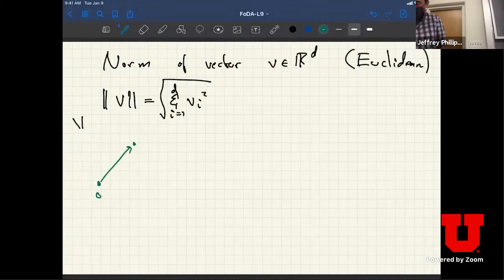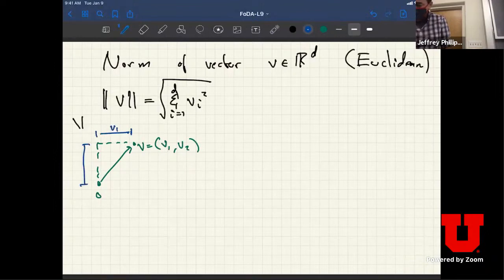This is v, and I can think of v as actually in 2D being v1, v2. So this is v1, this is v2, right? So the v2 coordinate, this is the origin. The v1 coordinate is this length, the v2 coordinate is this length.